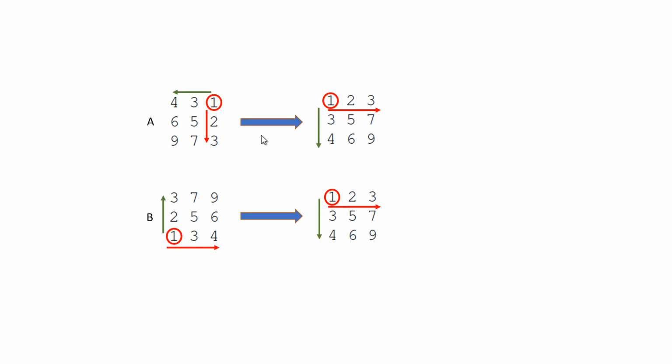And now, after we got the first row, we need to go column-wise. And column-wise for table A is going to the left. And for table B is going upward.